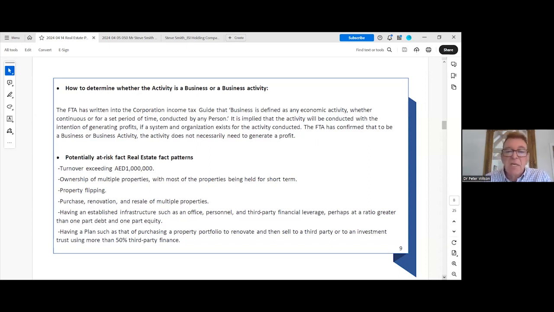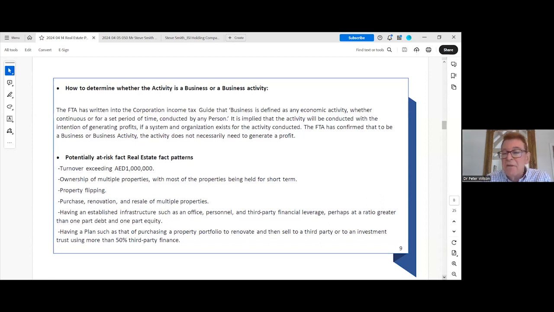So potentially at-risk real estate fact patterns could be, firstly, the obvious one, turnover exceeding 1 million dirhams. The second one would be ownership of multiple properties, with many or most of which being held for the short term.